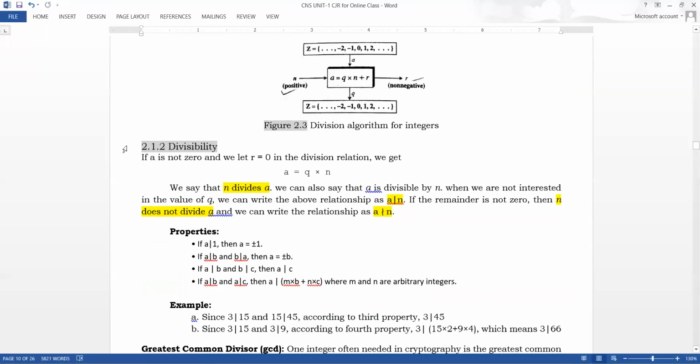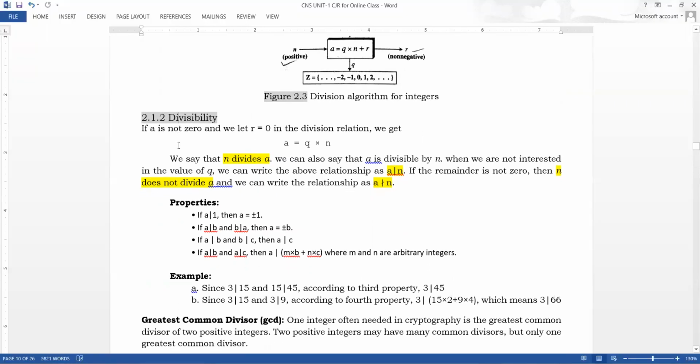Now let us come on to the concept of divisibility. Divisibility means, for example, n divides a means a divided by n gives remainder 0. n does not divide a means a divided by n gives r not equal to 0. So if remainder equals 0, then we can say n divides a, and if the remainder is not equal to 0, n does not divide a.